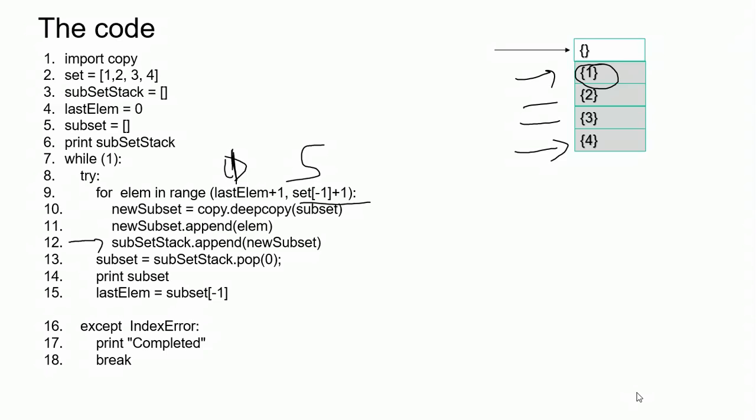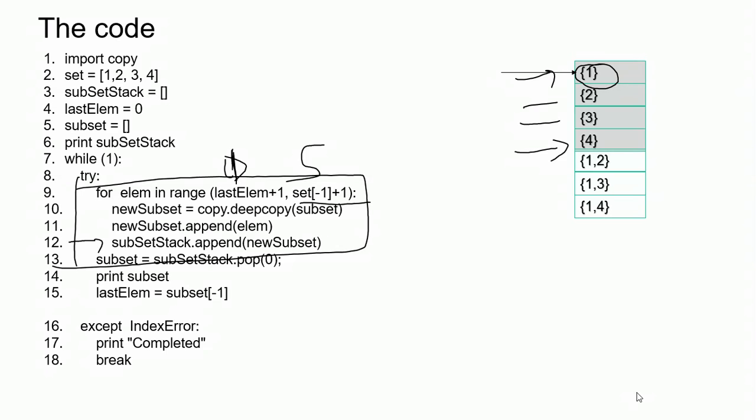This loop generates all the children of subset. All children of 1 containing 2 elements are 1, 2, 1, 3, 1, 4. So all children of 1 are generated and pushed into the stack.